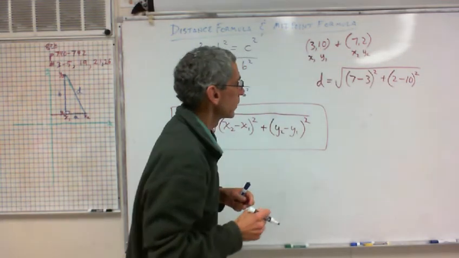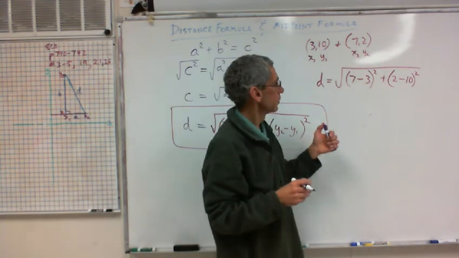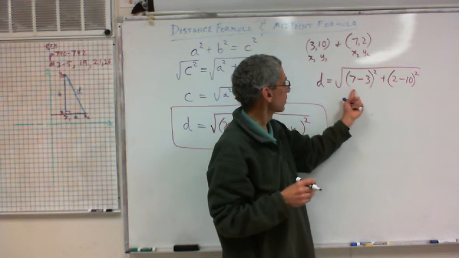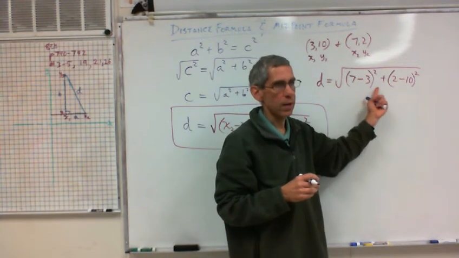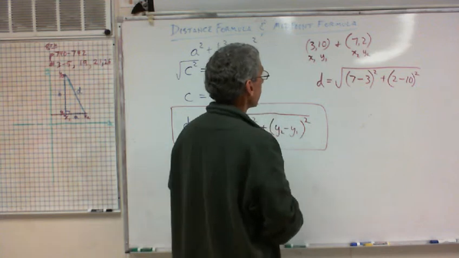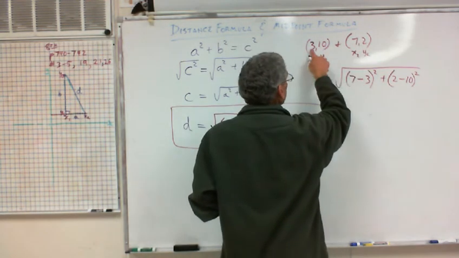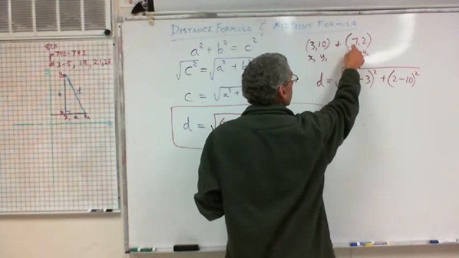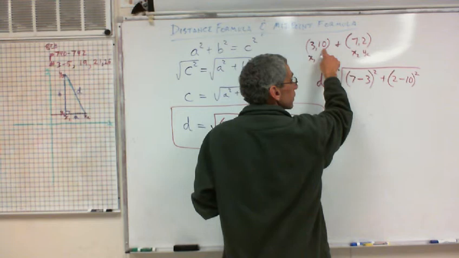Now notice, when I do this, the squared result is always going to be a positive number. It's pretty easy, because I'm squaring. It's just this minus this, plus this minus this.